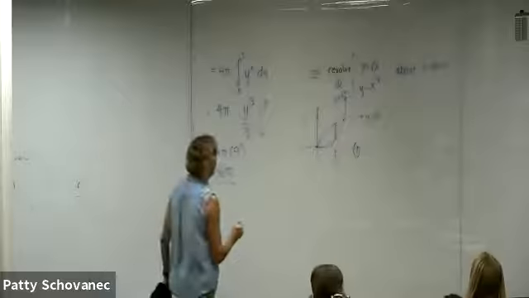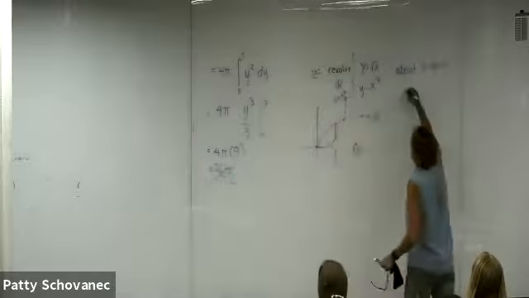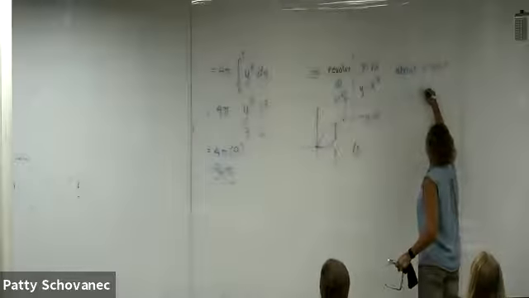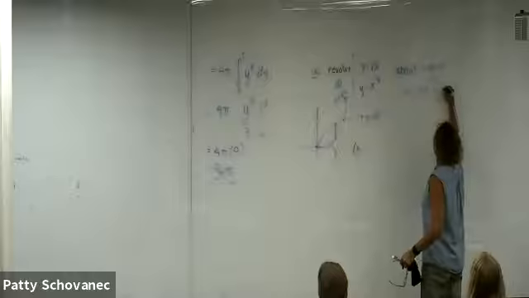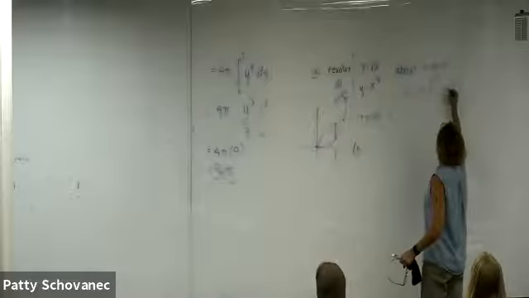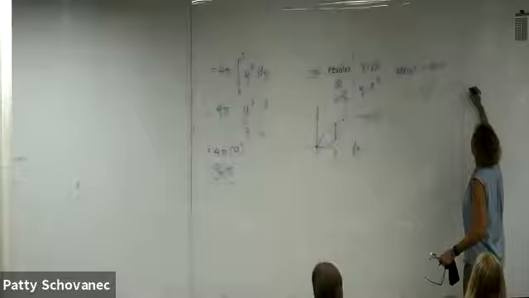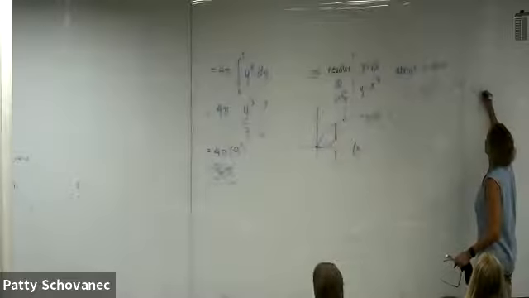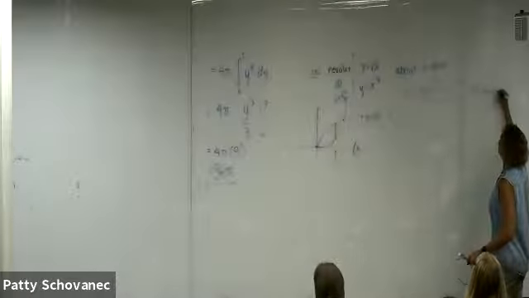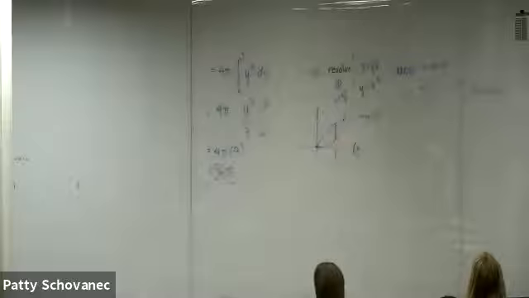And so what I've been writing is our volume is going to be pi outer radius squared minus inner radius squared. I guess I should even factor out the pi, huh? Times the thickness of the rectangle. And as an integral.